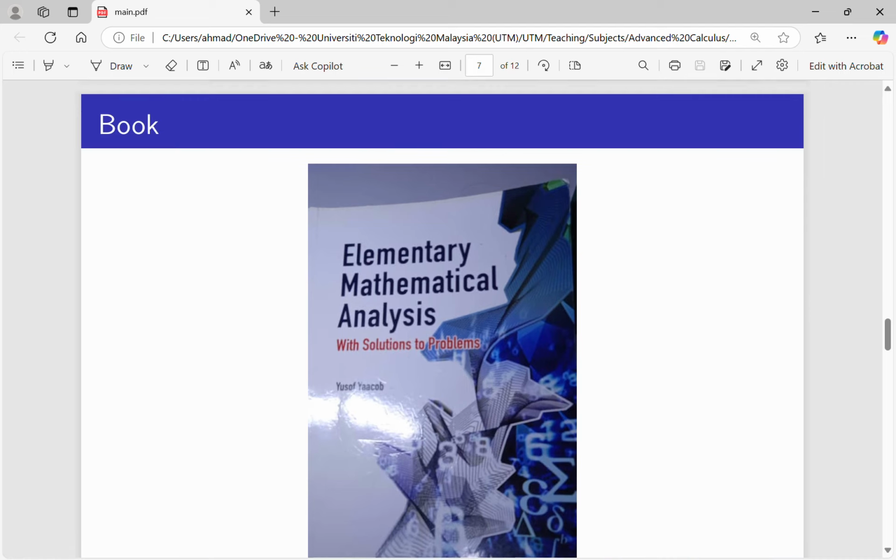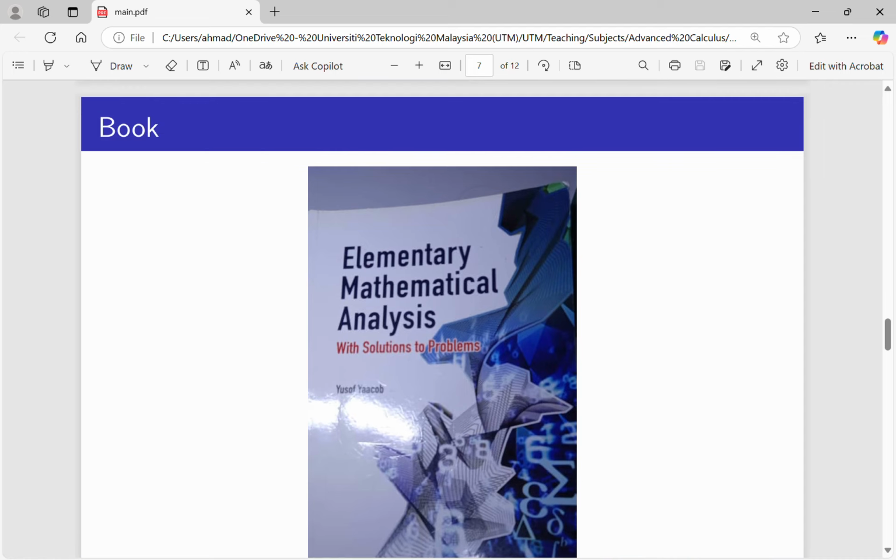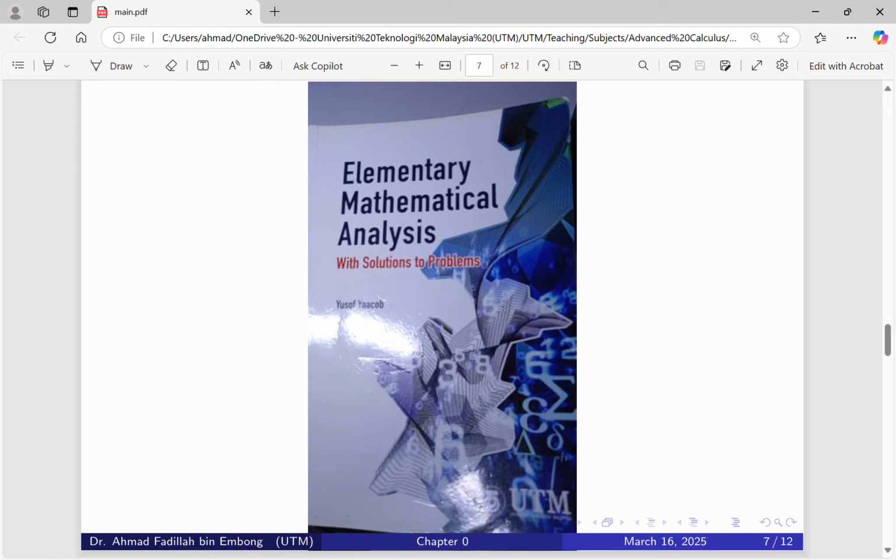Last one, CLO4, combines CLO1, 2, and 3. In this course we are going to use the Elementary Mathematical Analysis book. You can order this book from Shopee, because for our first 3 weeks we are going to have online class.